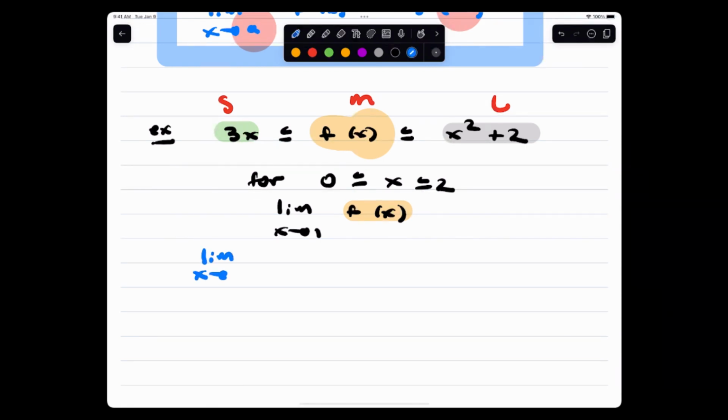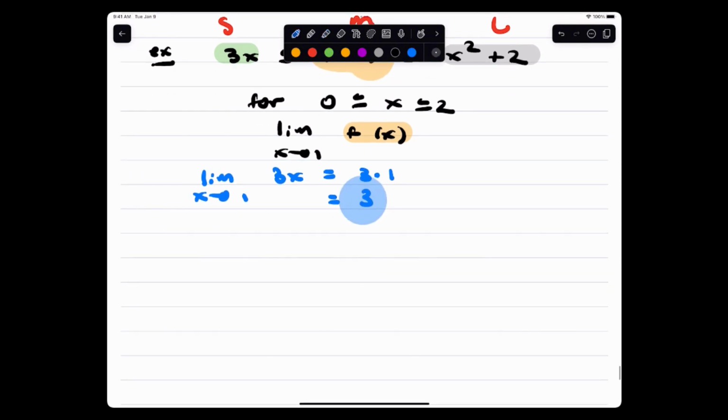Limit as x goes to 1, 3x. That's 3 times 1. Why can I do that? Well, a linear function's a polynomial. It's continuous. I can do direct substitution. What is 3 times 1? 3. Okay, that's a nice finite number, right? All right, what about this?